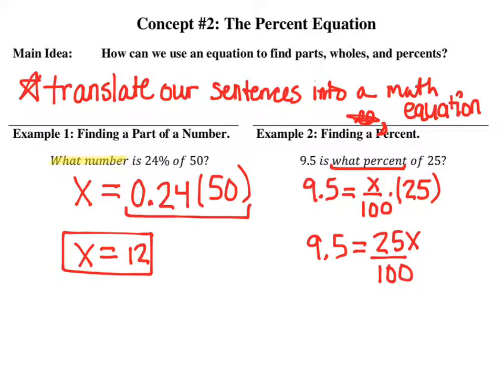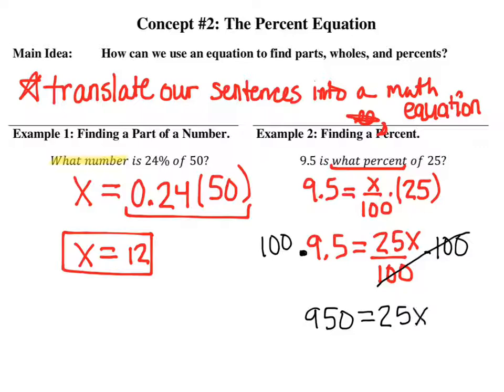Now, I need to solve for x. So what we learned previously about equations was to multiply each side by 100. That means the hundreds cancel down there. And 9.5 times 100 is 950. So we have 950 equals 25x.